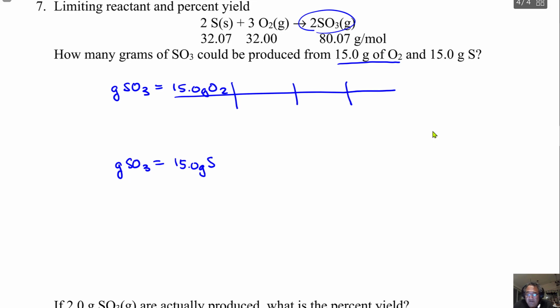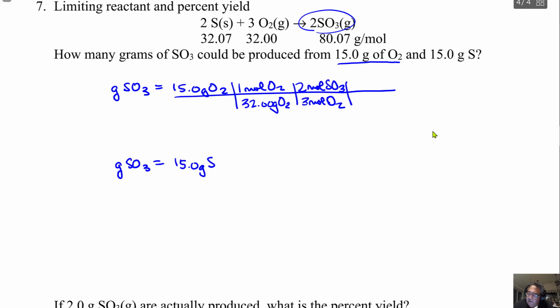If you feel confident that you can shove all the numbers in there, just stick them all in right away. For oxygen, it's 32.00 grams of oxygen for every 1 mole of oxygen. And then the mole ratio is 3 moles of O2 for 2 moles of SO3.